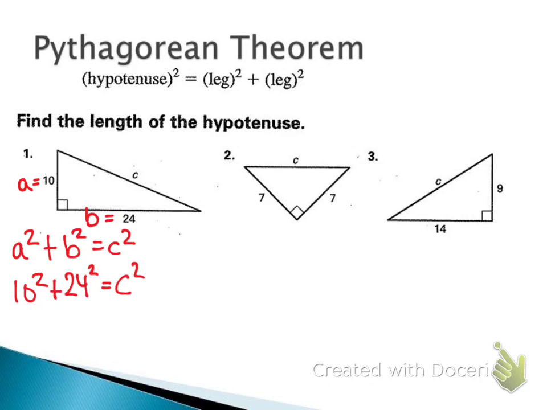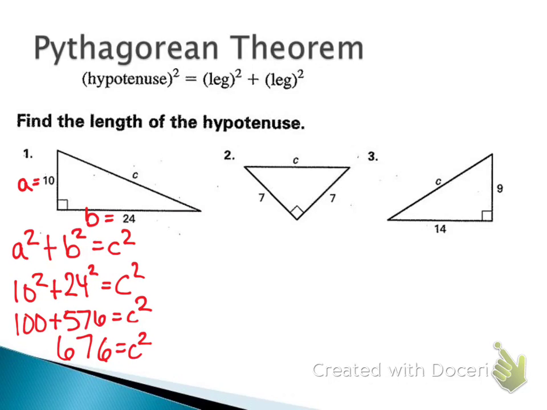A calculator is probably going to be handy during this lesson. 10 squared isn't so bad. What's that? 100. Plus 24 squared is probably one not many people have memorized. It is 576. And then we have to add those together. What do we get? 676 equals C squared.